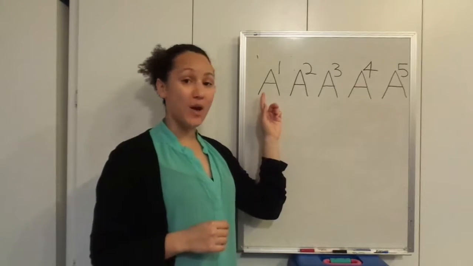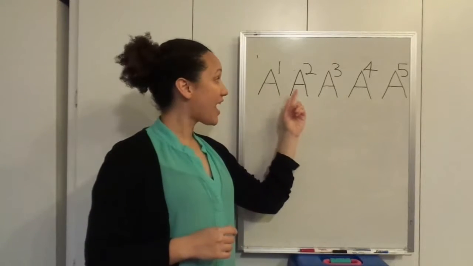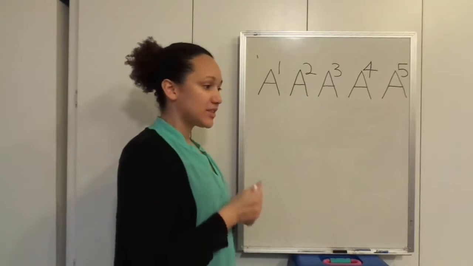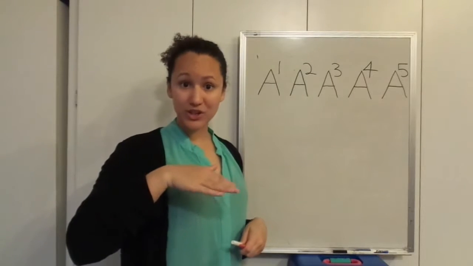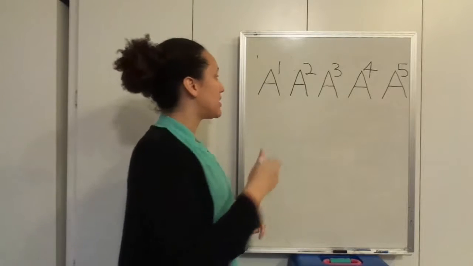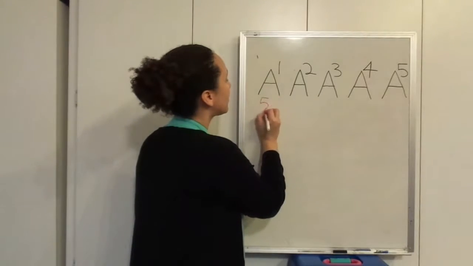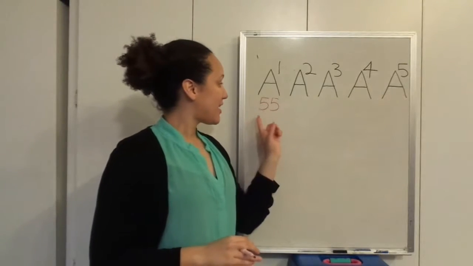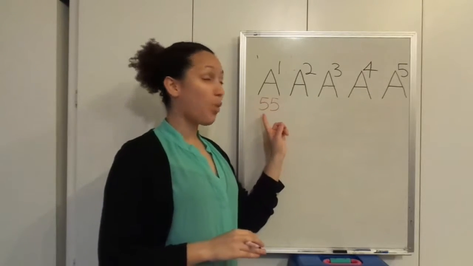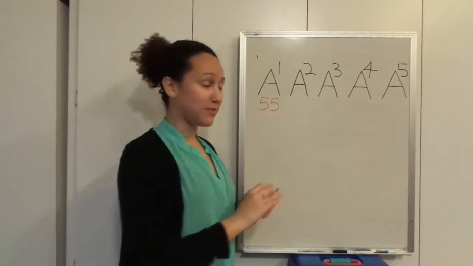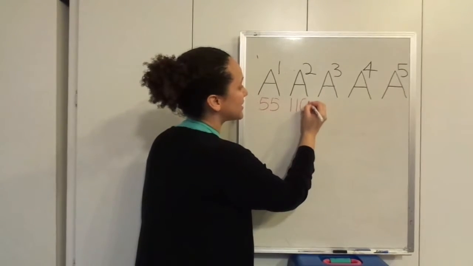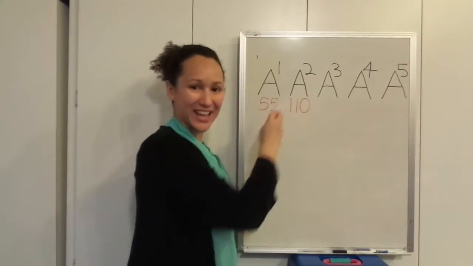Now we have A1, and then higher we have A2. If for A1 the speed at which the string vibrates is 55, then the next note that's twice as fast as 55 would be 110, and that's our A2.